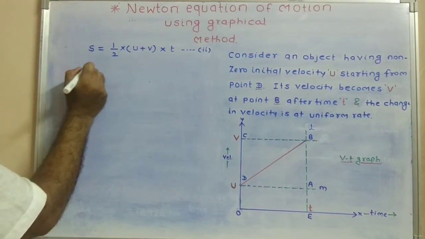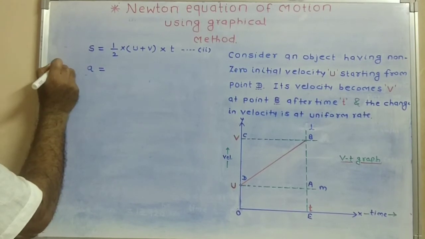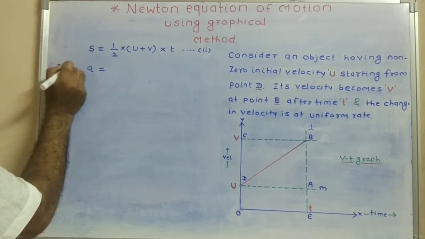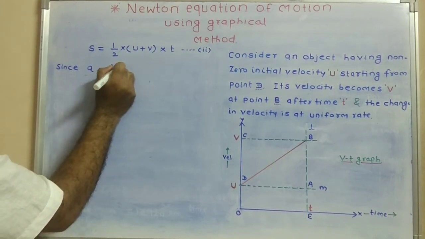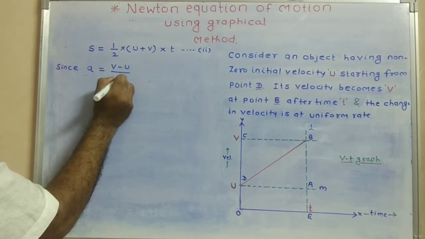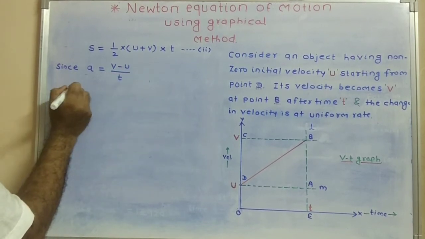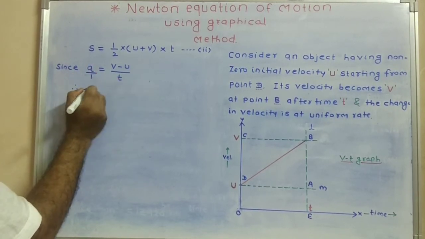We know that acceleration is equal to final velocity V minus initial velocity U upon T. Therefore, you can cross multiply.